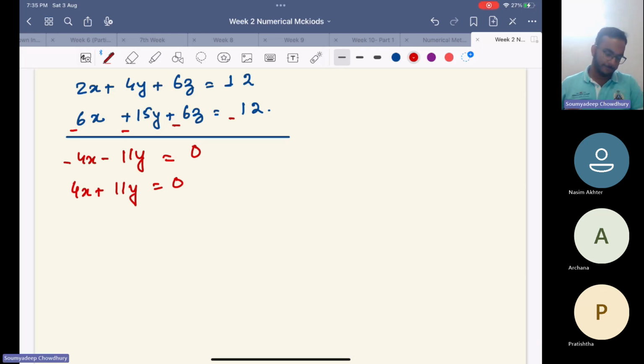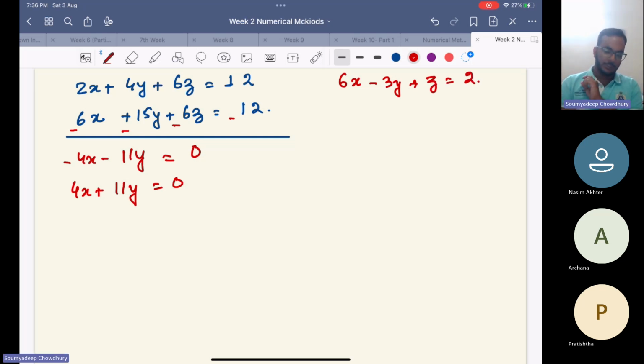This is a straight line. So I have shown you that when two planes intersect, we will get a straight line. Now I have the third equation: 6x minus 3y plus z equals 2, right?